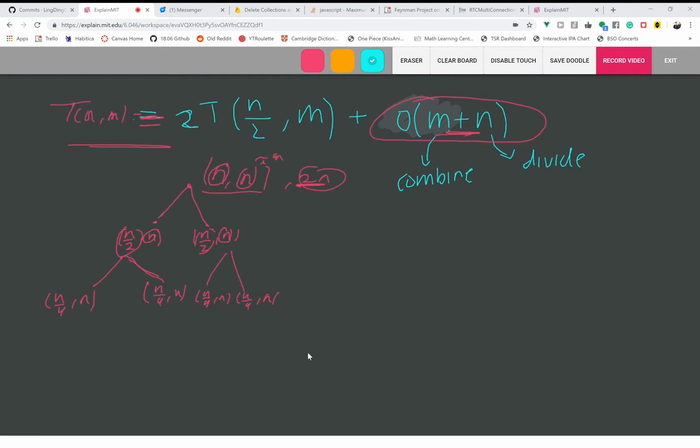So now if we want to think about how much work is being done on this level, then we know that... Oh, right. It's n, right? Wait. Oh, it is. Well, it's weird. It's 1.5. Yeah, it is 3n. It's 1.5 each, isn't it? Yes. So it will be 3n.